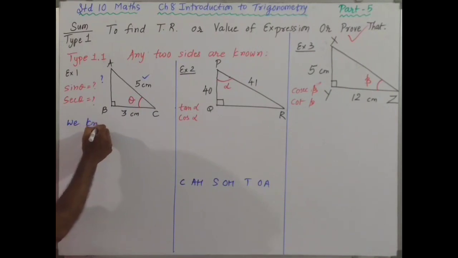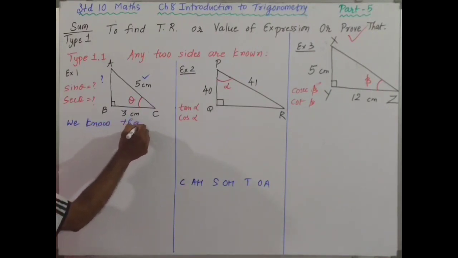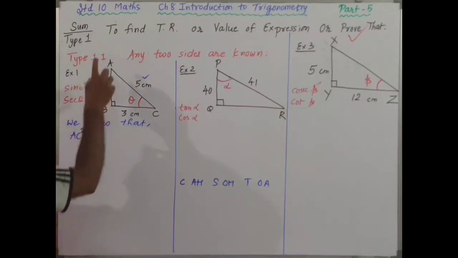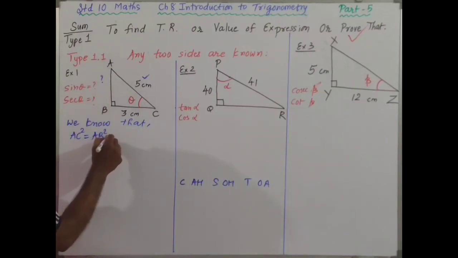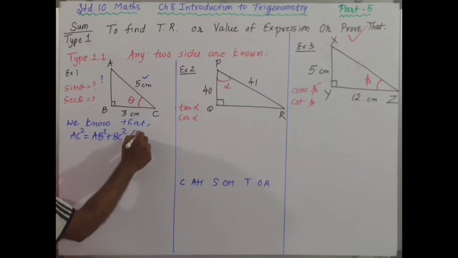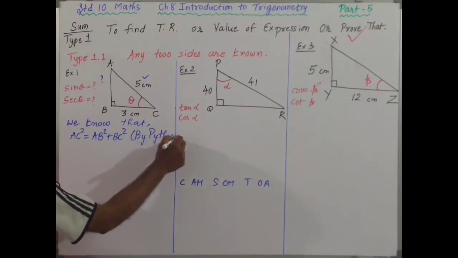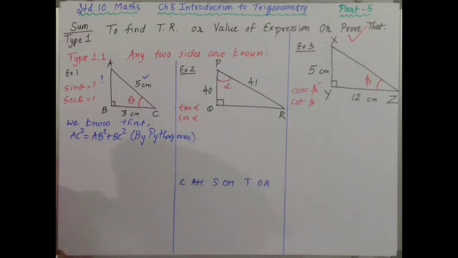We know that AC square is equal to AB square plus BC square by Pythagoras. AC is given, AC square is 5 square.